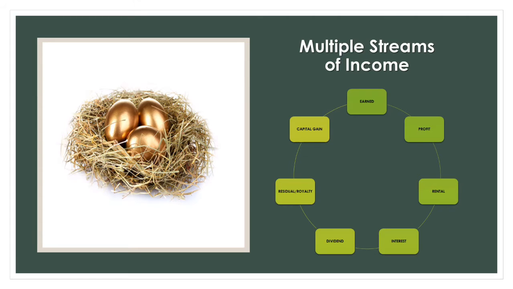Profit income can either be active or it can be in the passive category. For example, if you purchased a product for $75 and sold it for $100, you made a profit of $25. You can do this actively or passively.